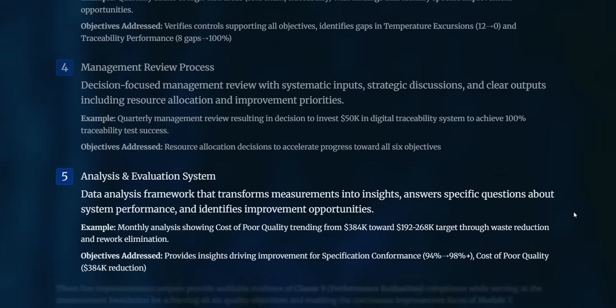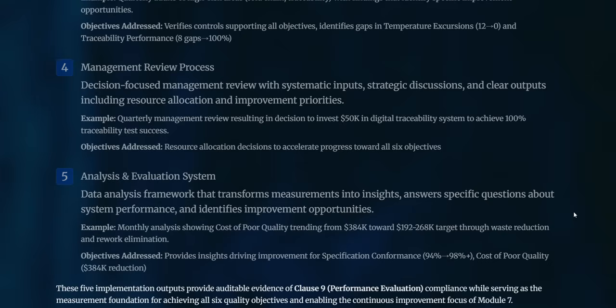An example for our analysis and evaluation system includes monthly analysis showing cost of poor quality trends from 384,000 USD toward 192,000 USD, or a 268,000 USD reduction target, through waste reduction and rework elimination. Objectives addressed with our analysis and evaluation system include: it provides insights driving improvement for specification conformance, such as improving conformance from 94% to 98%, and reduction of cost of poor quality.